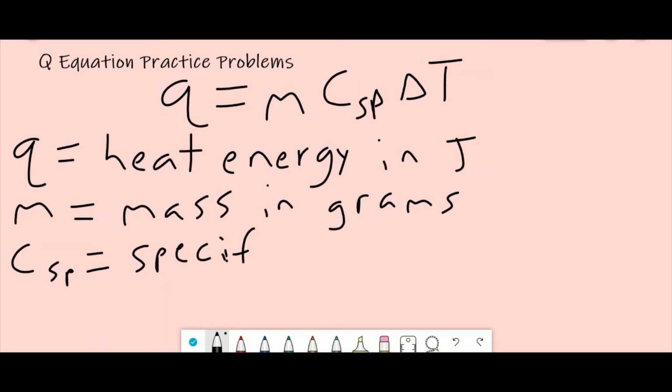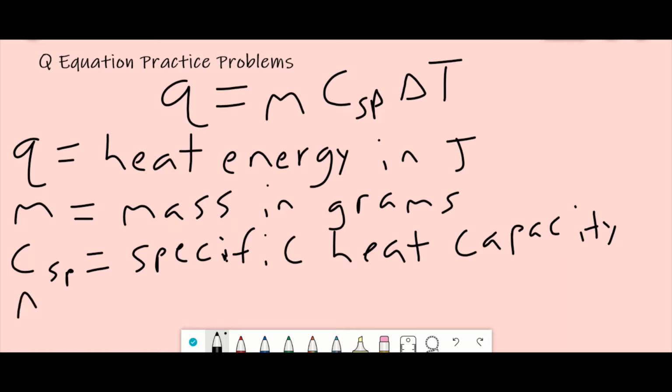Specific heat capacity, that's how much energy it takes to change the temperature of 1 gram of a substance by 1 degree Celsius or Kelvin. Remember, for water, it was always 4.184 joules per gram Celsius.